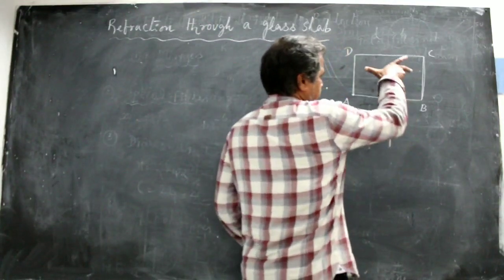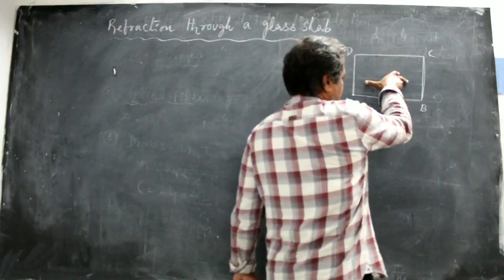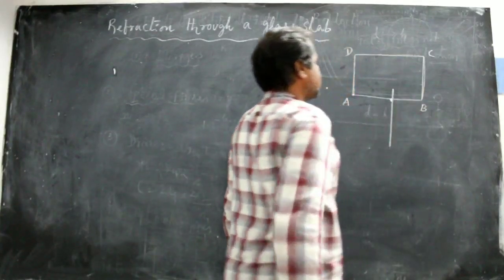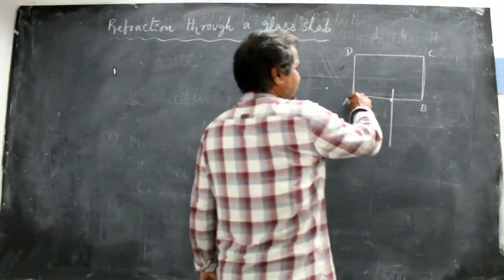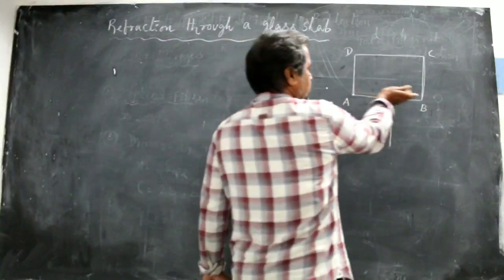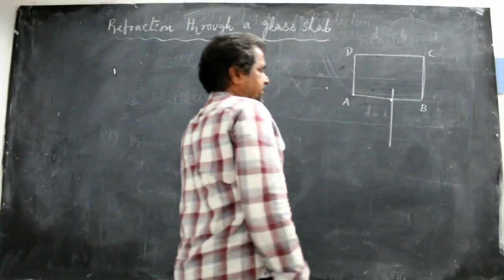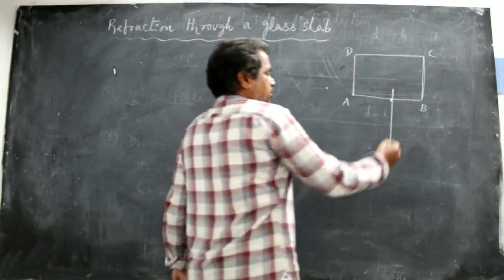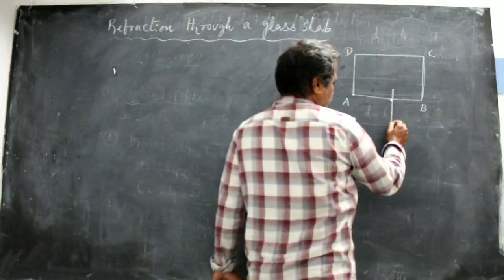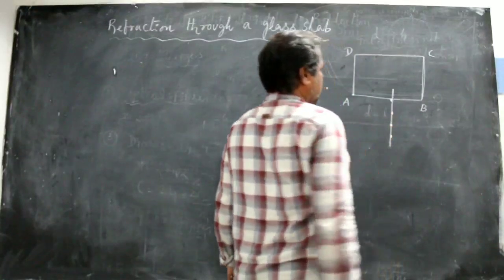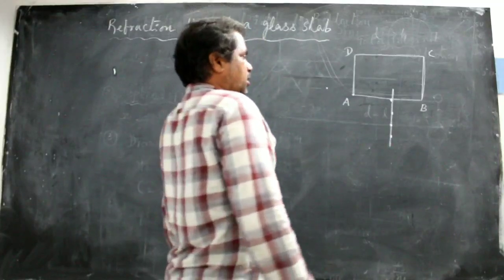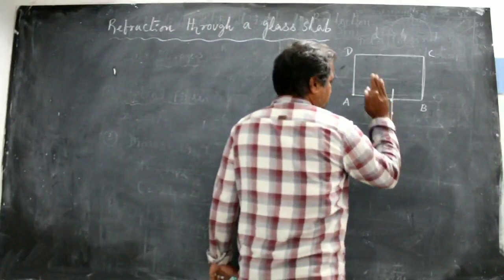Again, put the glass slab on this rectangle in such a manner that all the edges of the glass slab coincide with this rectangle. Place 2 or 3 pins on this normal, all lying at the same height.